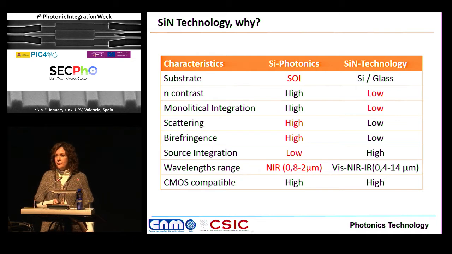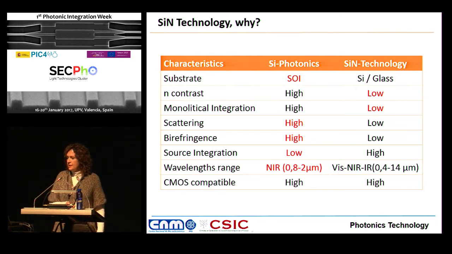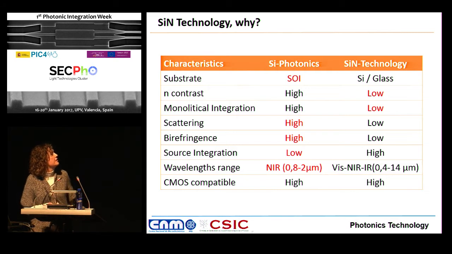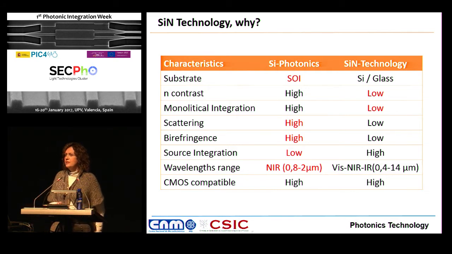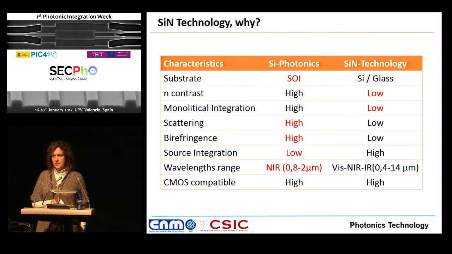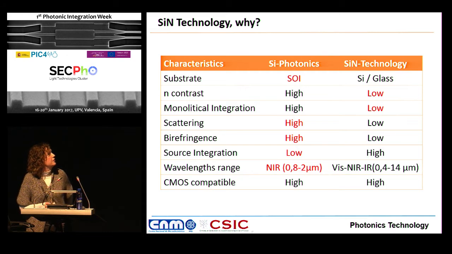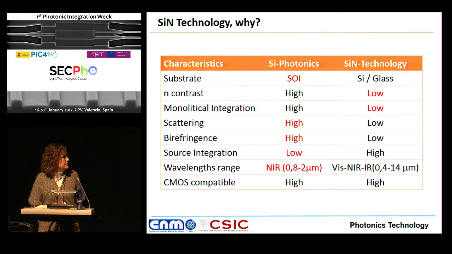But if we look at the propagation losses, we see that the scattering and birefringence characteristics are higher in silicon technology, due to the crystals of the silicon. So silicon-nitride technology is better in these characteristics.